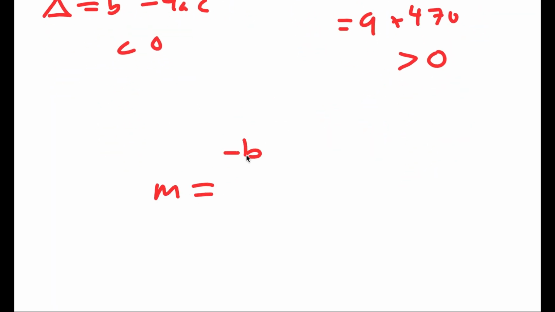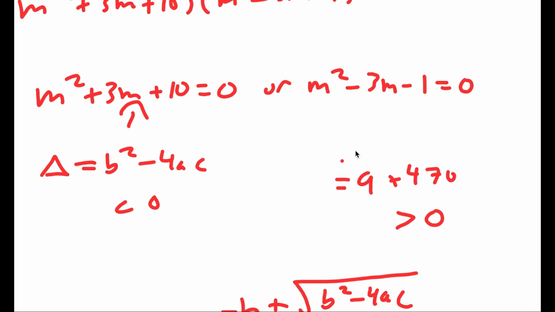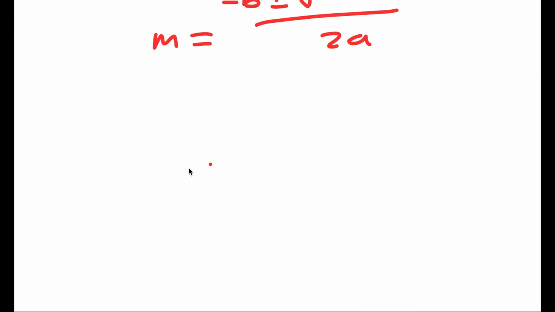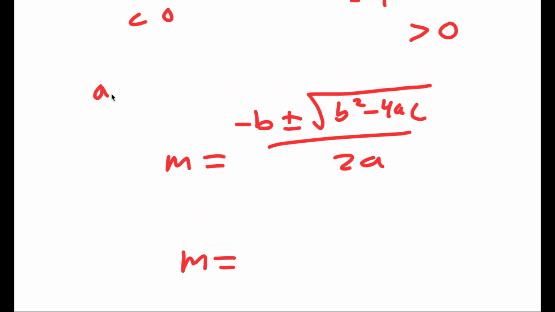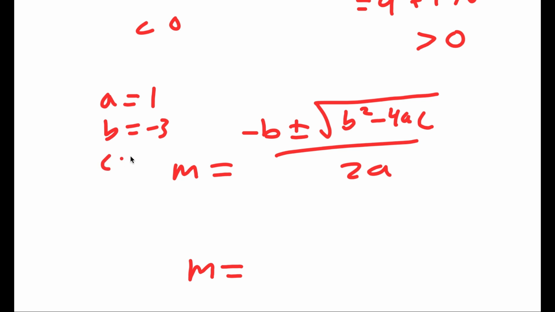So I get x is equal to negative b plus or minus the square root of b squared minus 4ac all over 2a. And in this case, a is 1, b is negative 3, and c is negative 1.